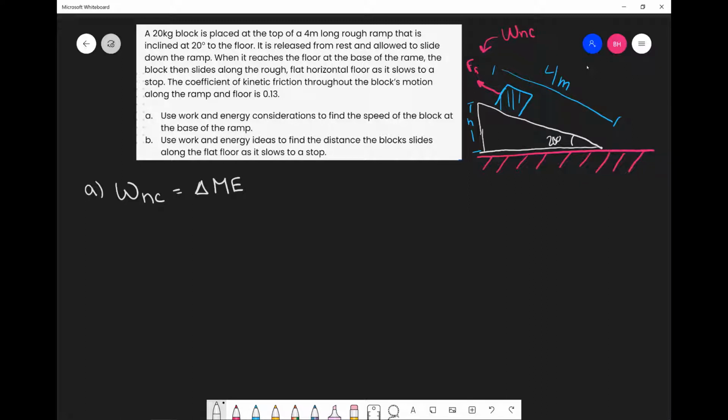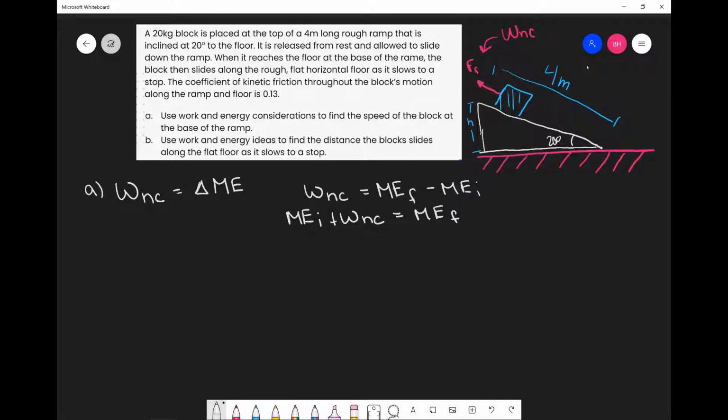I'm going to rearrange this a little bit. We get the work of our non-conservative force, which in this case is our frictional force, equal to ME final minus ME initial. And if I rearrange this equation so that there's no negative, this would be ME initial, our mechanical energy initial, plus our work of our non-conservative force, is equal to our mechanical energy final. Okay.